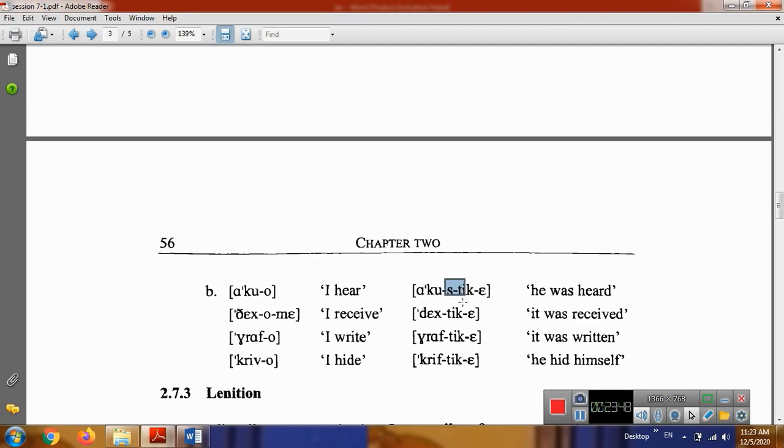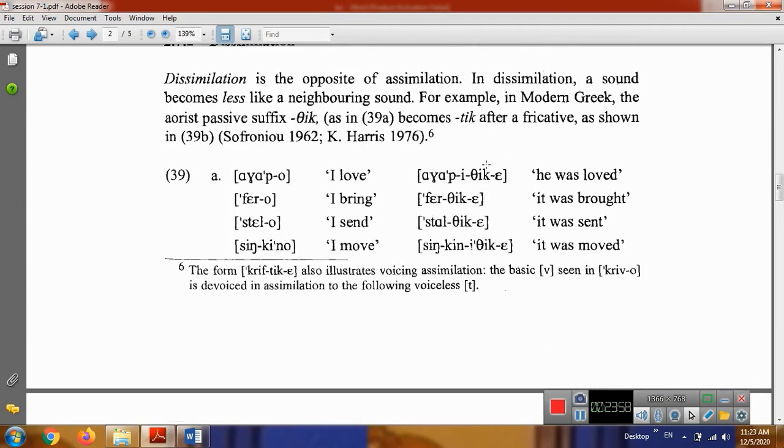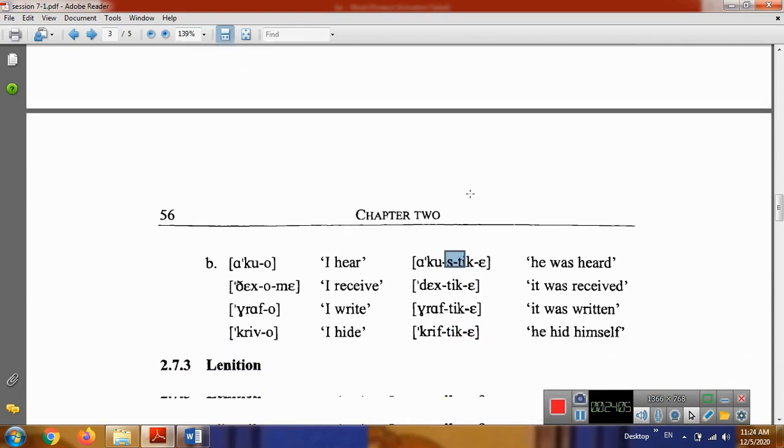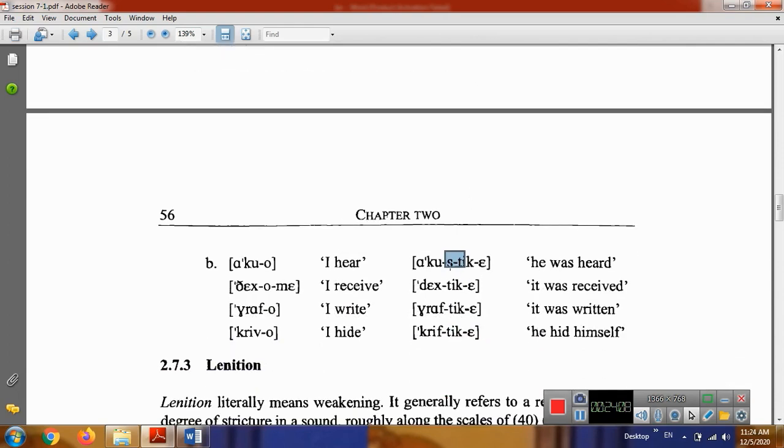They turn into a sound different from the adjacent sound. In terms of manner of articulation, this suffix by itself is a fricative, and it becomes unlike its adjacent sounds, which are fricatives too. It becomes a plosive, and we have dissimilation, in which the sound becomes unlike its adjacent sounds, and we call it dissimilation.